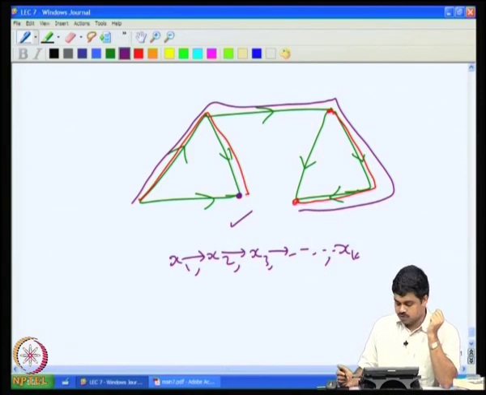See, you should understand that when you consider an undirected graph, there are several possible ways of orienting its edges.